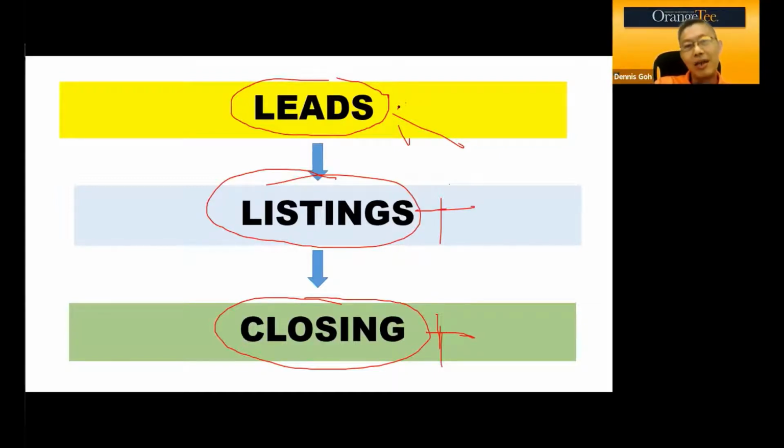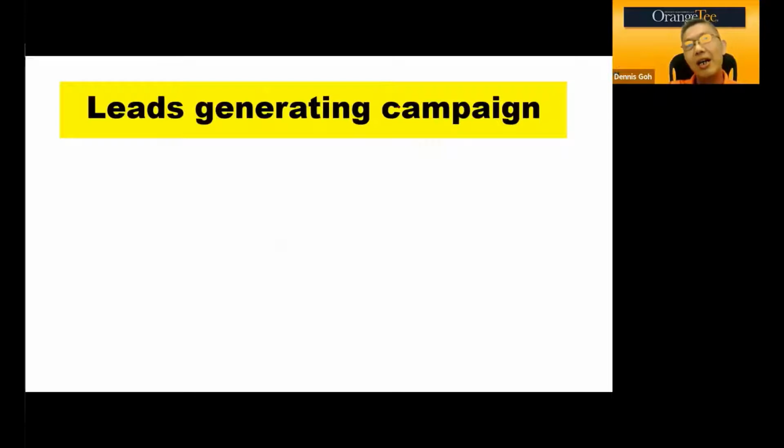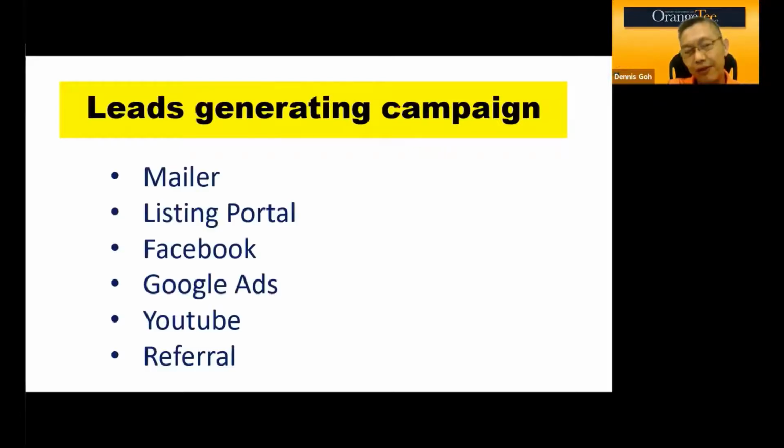Now, there are many channels of leads that we can have. What I show you here is not exhaustive; there are many more. These are just some examples. In order to generate more leads, you need to do some lead generating campaigns.